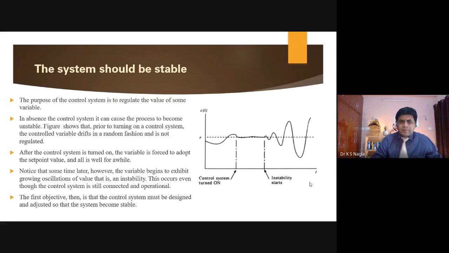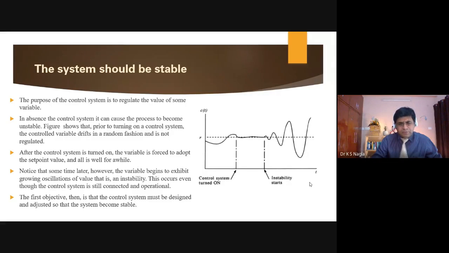In the system, when the control system is not turned on, there is some variation in the controlled output, and that variation may be oscillating, and it may be smaller or larger. In the absence of such a control system, it can cause the process to become unstable. The figure shows that prior to turning on the control system, the controlled variable drifts in a random fashion and is not regulated.